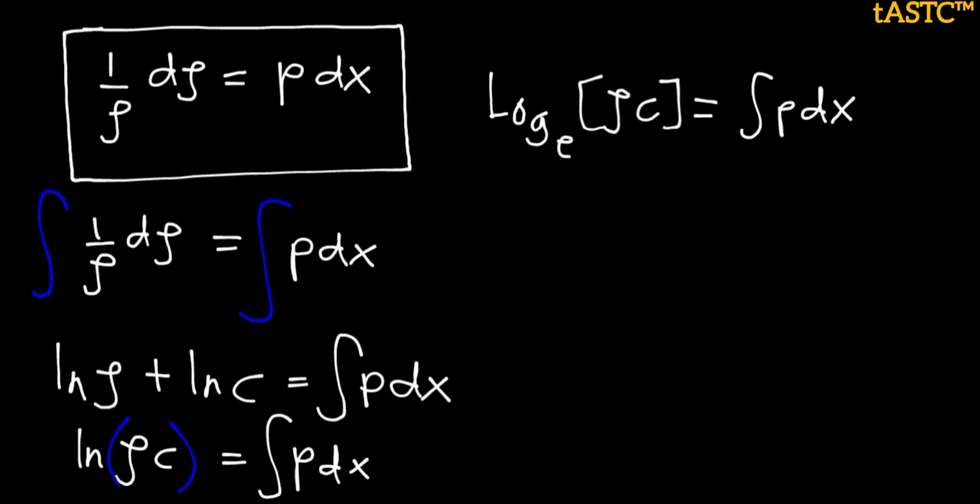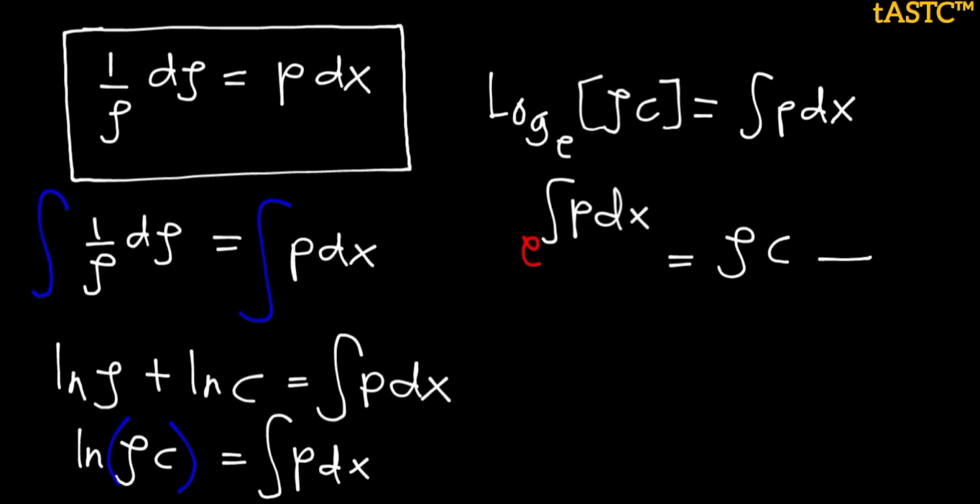Now, I could well change this logarithmic equation into an exponential one, by taking the power of the exponential of this stuff, and that will be equal to this stuff on the other side. So basically, we're going to have e raised to the power of the integral of p dx equal to rho c.